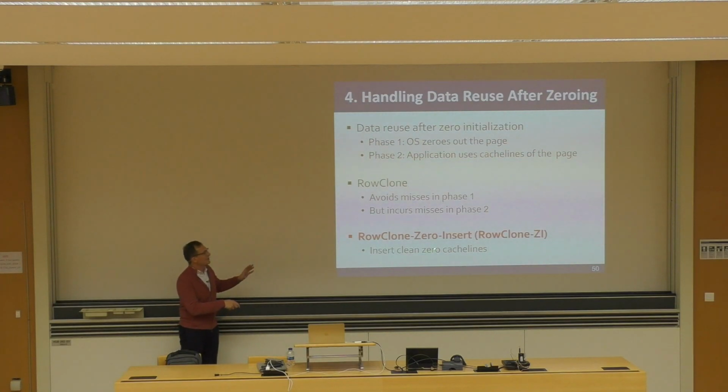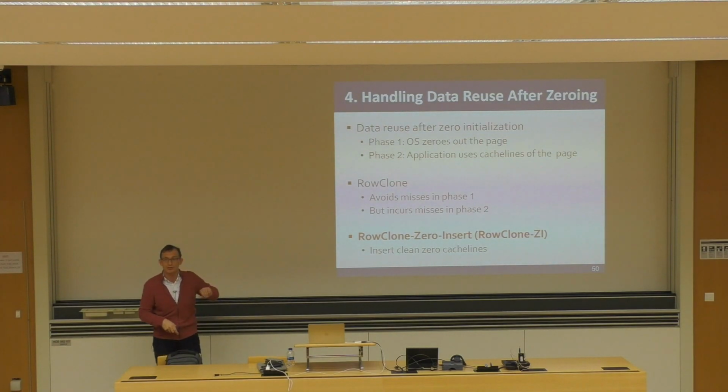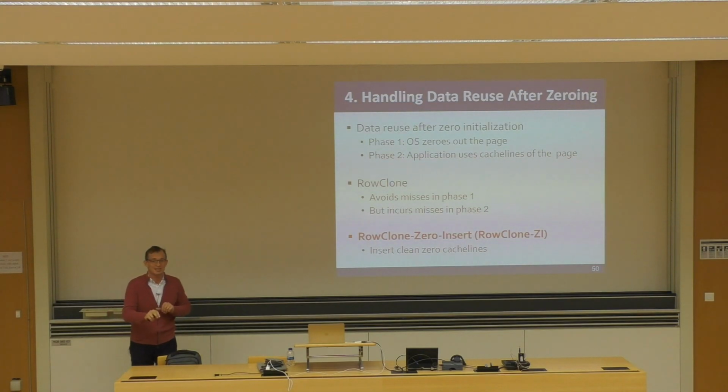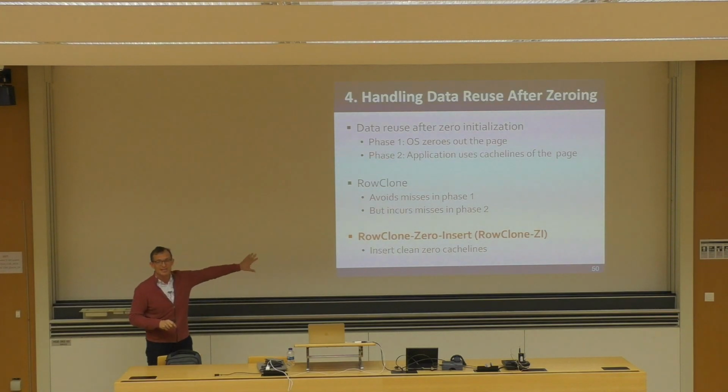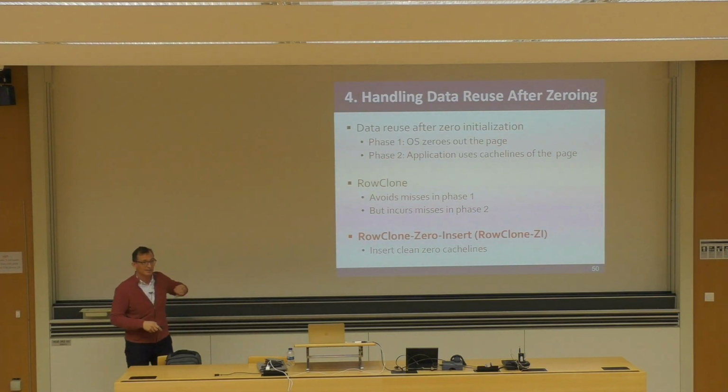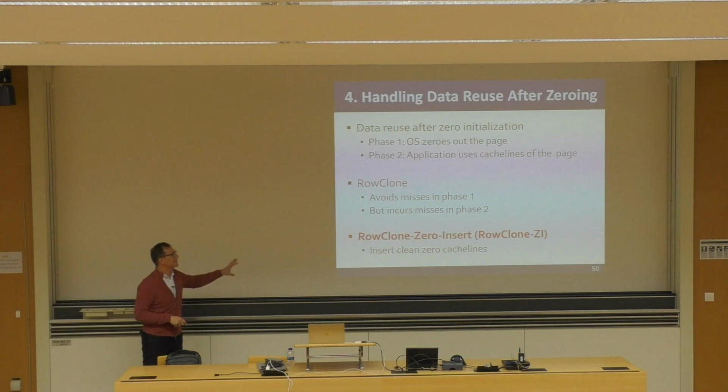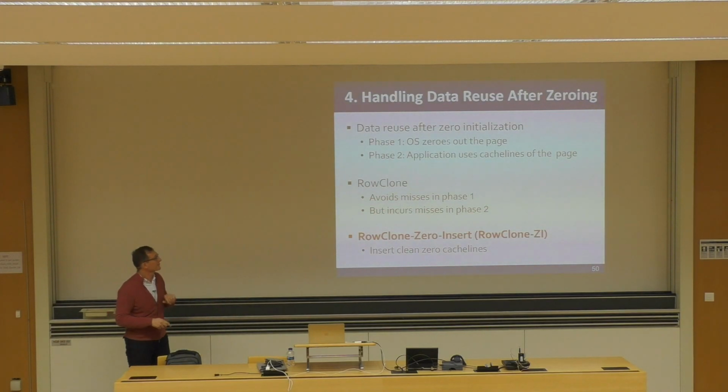What it does is it actually inserts clean zero cache lines into the cache. Whenever you're doing a zero initialization, you can insert clean zero cache lines into the cache also, while also updating the memory. That's the idea. And there's some performance analysis in the paper that shows that this performs better compared to both the baseline and RowClone without doing this.